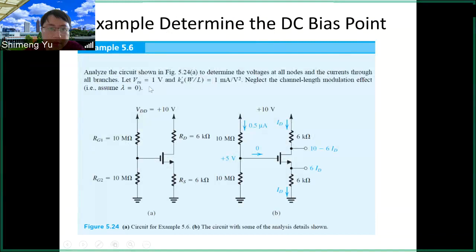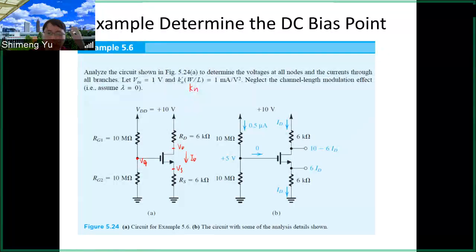The transistor's parameters are given: the threshold voltage is 1 volt, Kn is 1 milliamp per volt squared, and neglect the channel length modulation. The question asks you to determine all the node voltages: Vg, Vd, and Vs, and also the current ID.